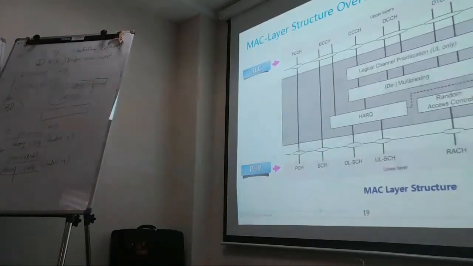So how do we know which service, which information, how to process it? From this picture we can know that. This is the MAC layer. The MAC layer is in the middle of RRC.